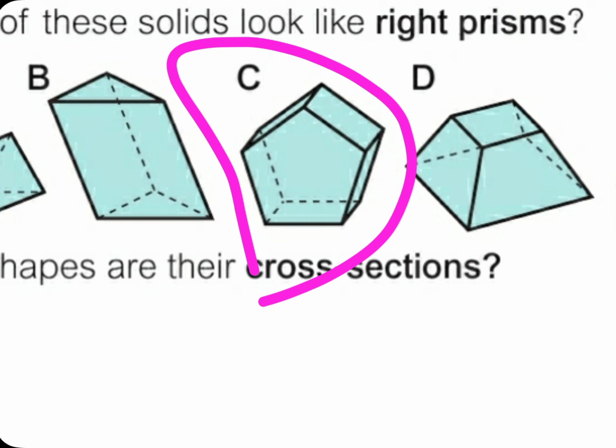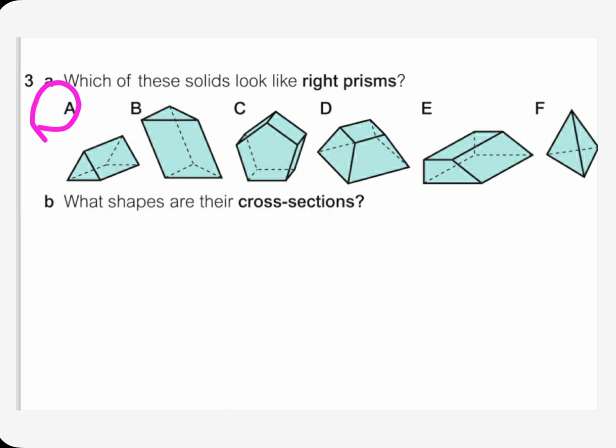When you look at C from the side, it's gonna be like this. We will have something like this and another one like this on the top, because it has a pentagon like this.